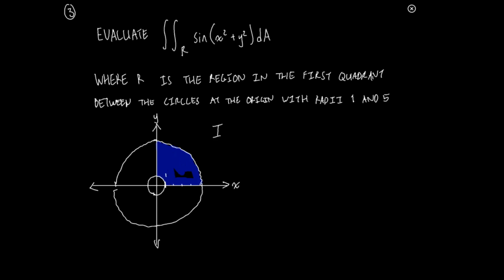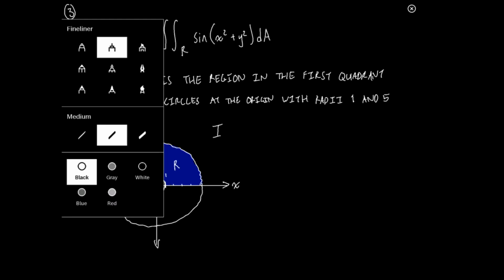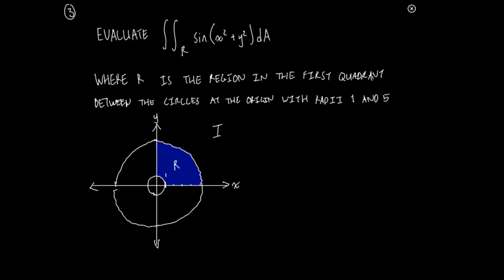So this is R. And great, and this intersects at 5. So don't forget that.